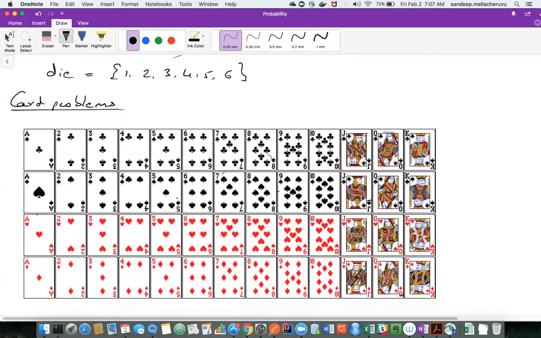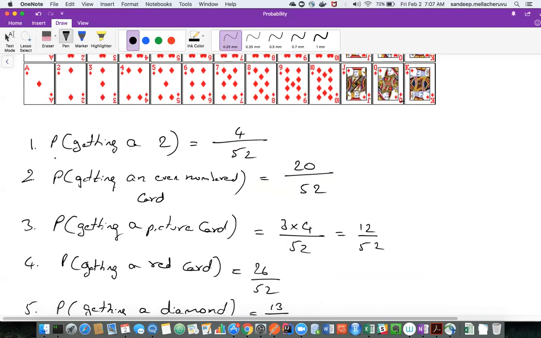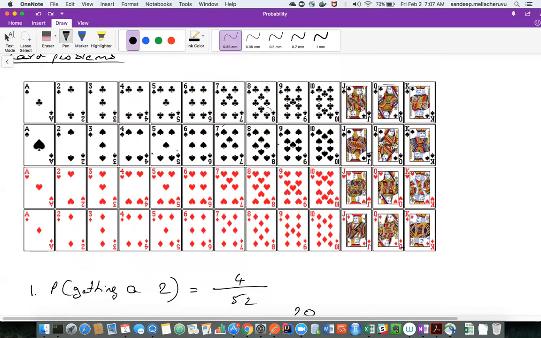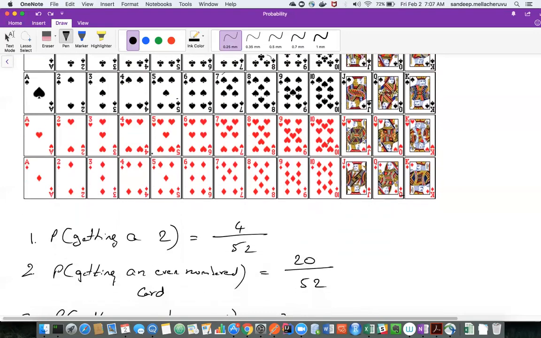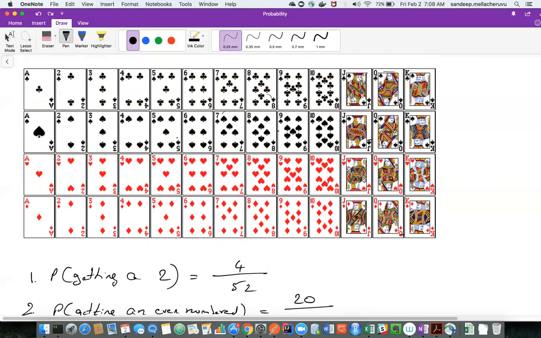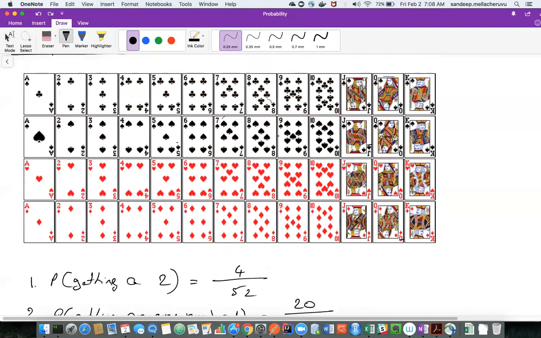Earlier I tried the example of the probability of getting a 2. Let's see how it changes with conditional probability.